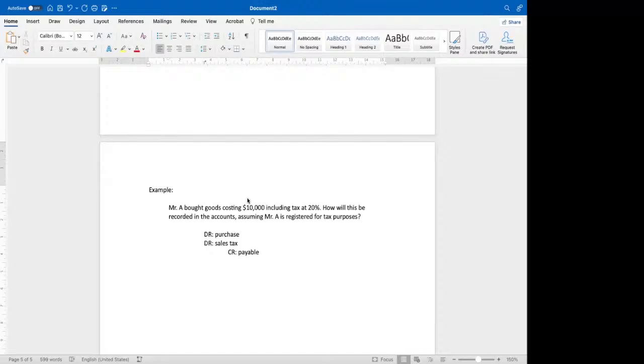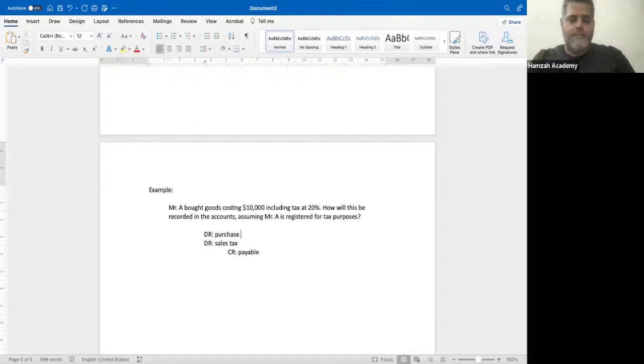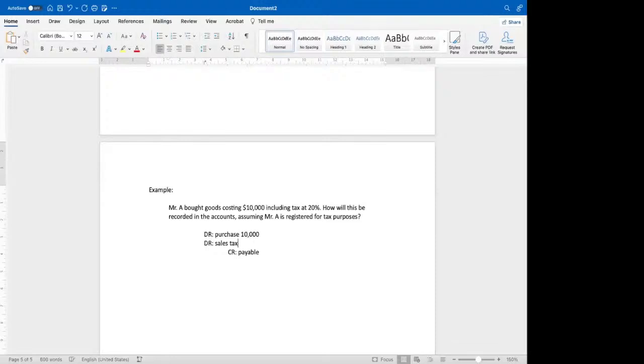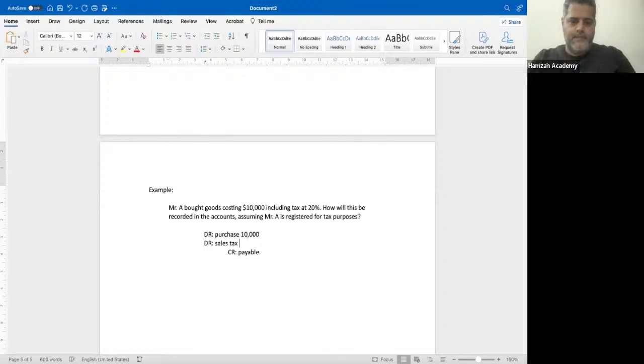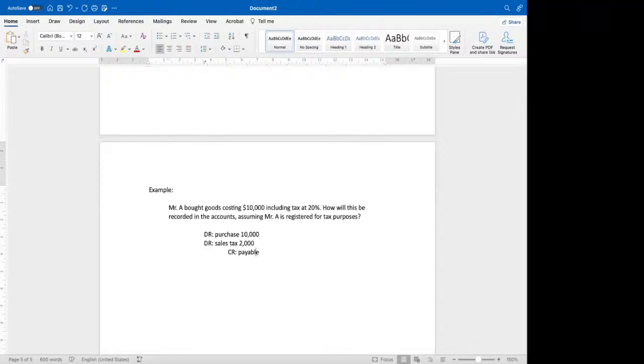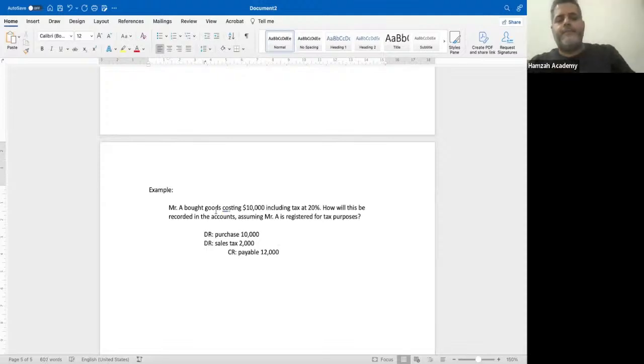It's debit purchase 10,000. The tax is at 2,000, and the payable is at 12,000. Okay, but it's written over here that the goods cost 10,000 including tax.